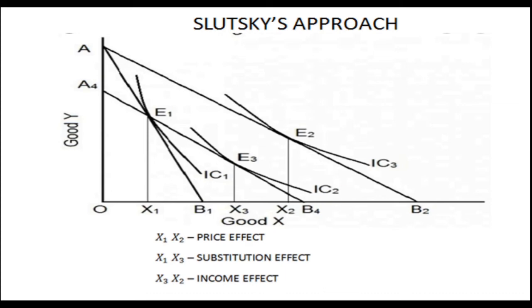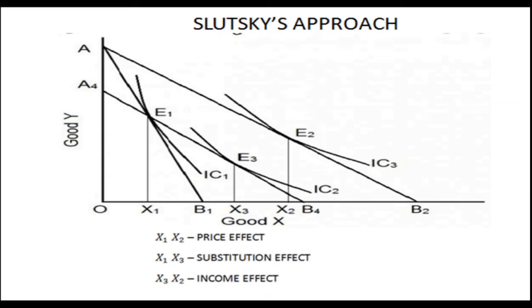The budget line will shift from AB1 to AB2. So now the new budget line due to the change in price of X is AB2, and this new budget line AB2 is tangent to the indifference curve IC3 at point E2. So E2 is now the new equilibrium point where the consumer is able to purchase OX2 of good X and E2X2 of good Y.